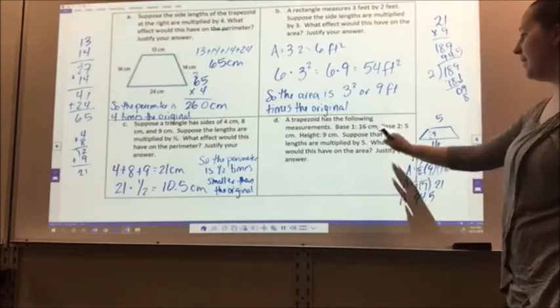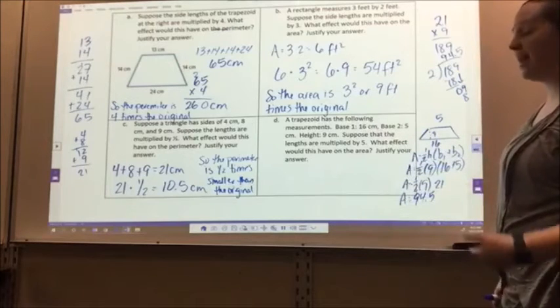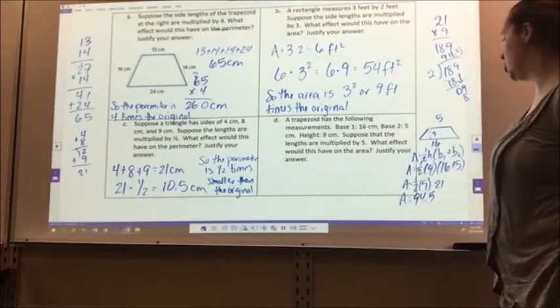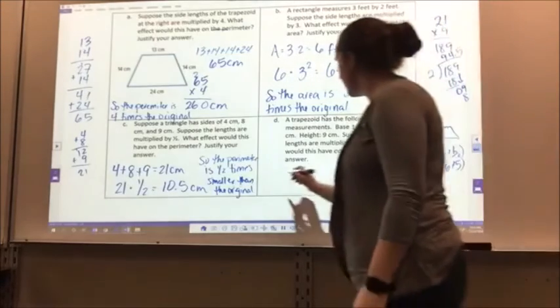Okay. Now I'm multiplying that area by 5 squared, which is 25.